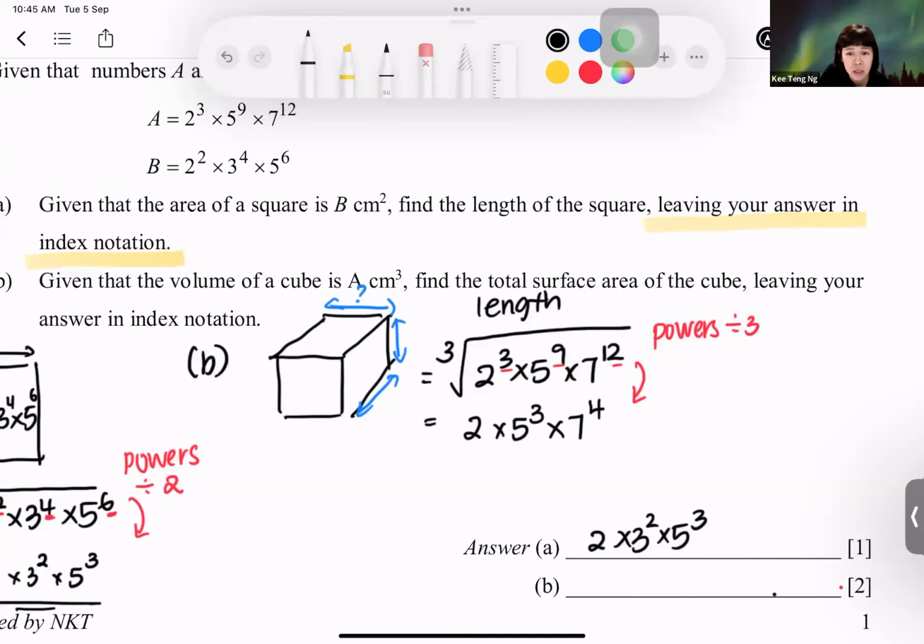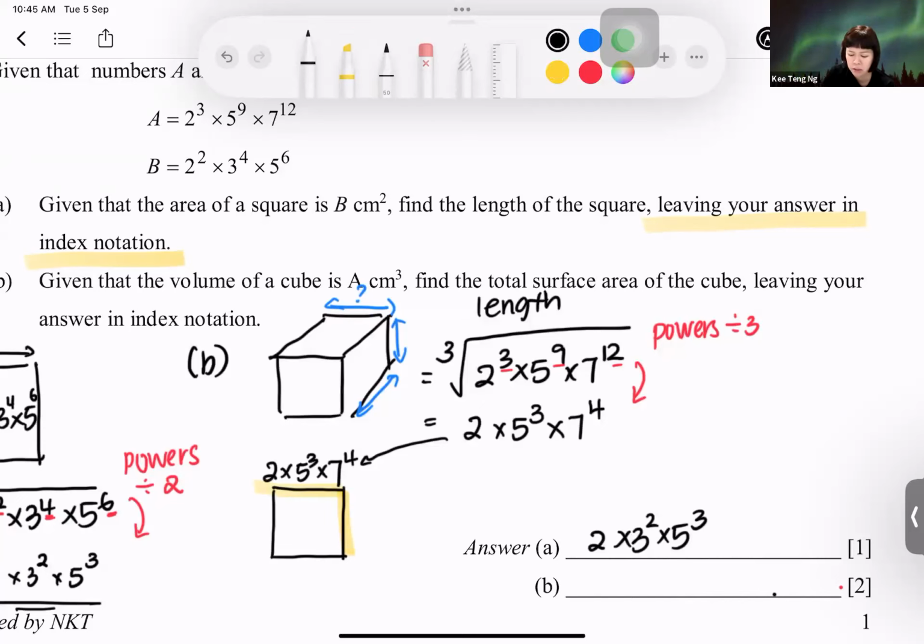They want the total surface area of a cube. We know that one side of the cube is a square. The length over here is 2 times 5 cubed times 7 to the power of 4. For a square, the length and the breadth are the same.